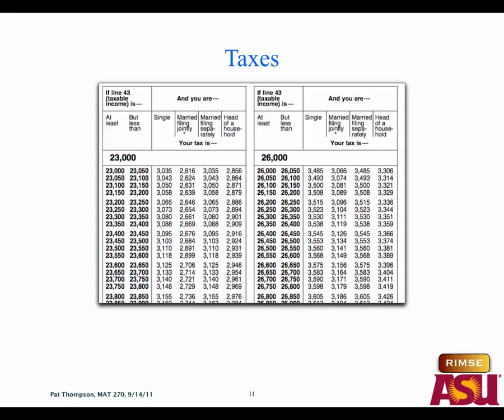Okay, that's much better. Okay. So those of you who can read it, it's understandable if you can't. It's in this interval here. So therefore, if you're single, you pay this much.